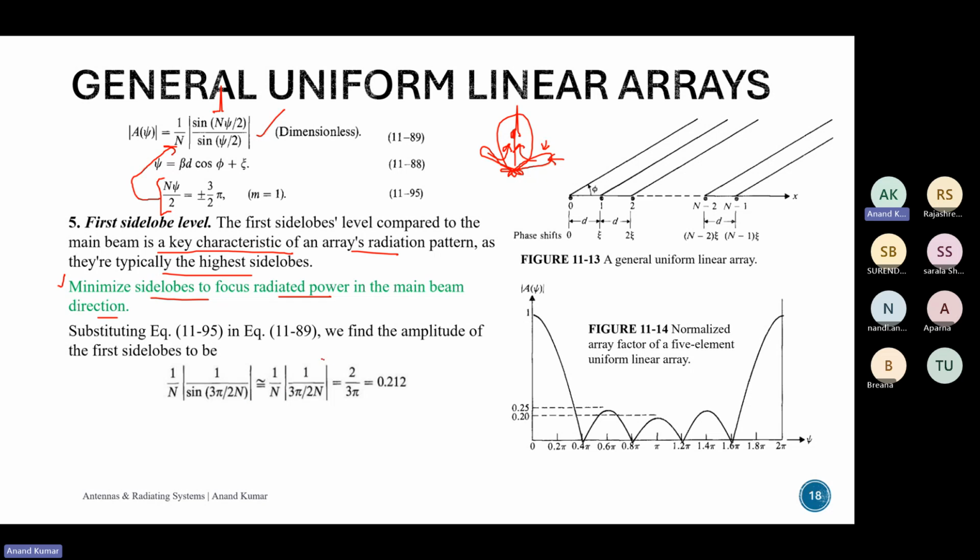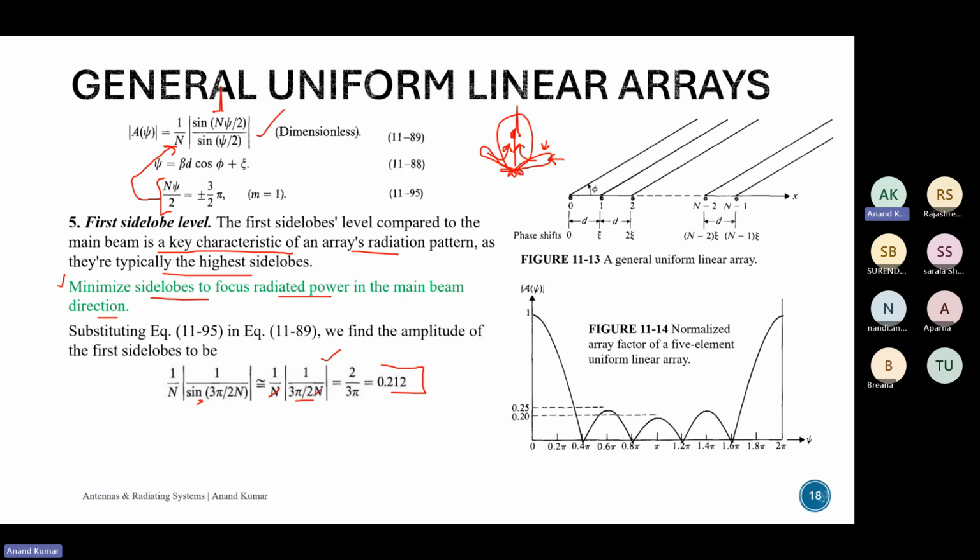For small values of the argument, we can remove the sine and just keep the argument, and since n would be a positive number, we can cancel them, and we have 2 by 3 pi. So this is usually the magnitude of the first side lobe level.